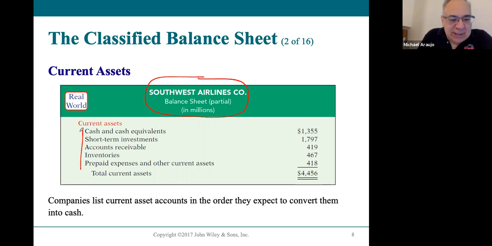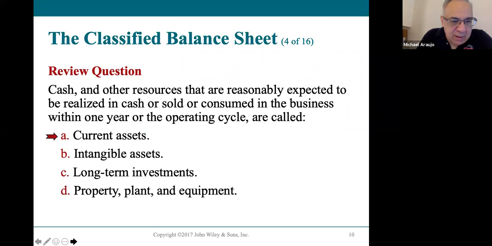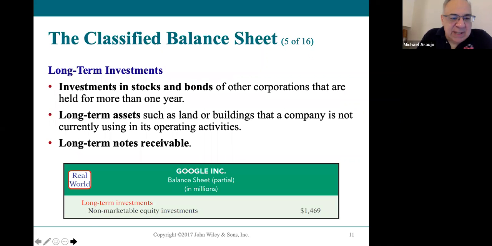That's just a little different terminology for a similar account. Long-term investments, again, the most important thing to know is the company owns them, but they're not currently using them in their operating activities to generate the sales of their goods or services.